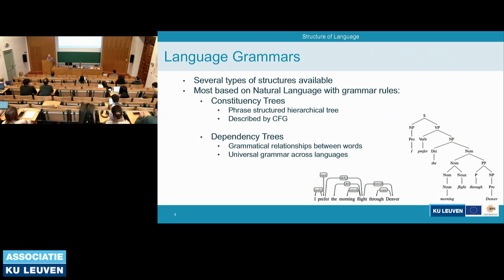It creates this nice hierarchical pattern for our sentence. While in the dependency tree, we create direct relationships between words, and we see the direct interactions of what effect words have on each other, which still creates a very distinctive tree pattern.